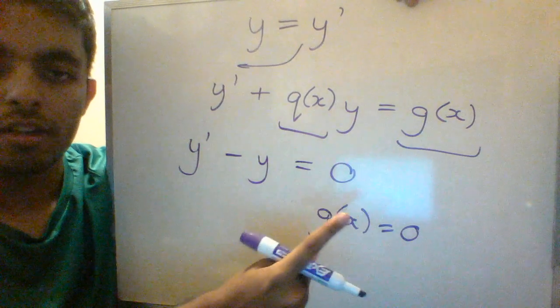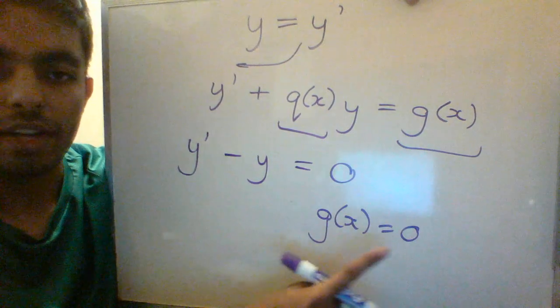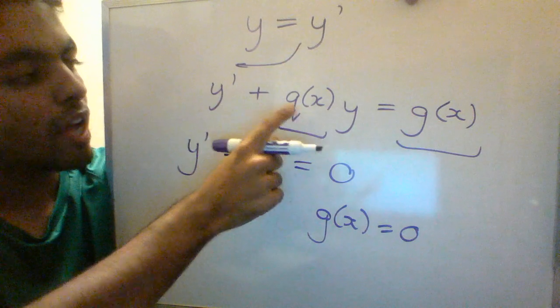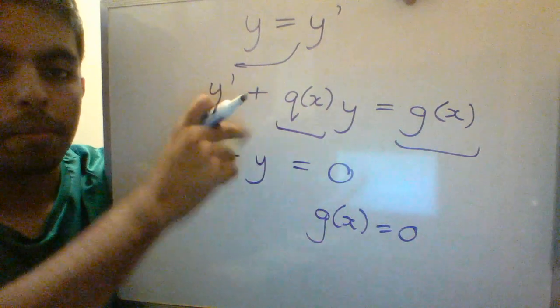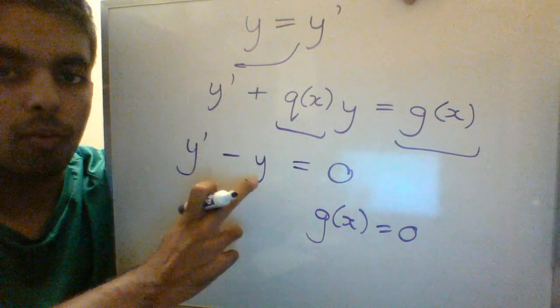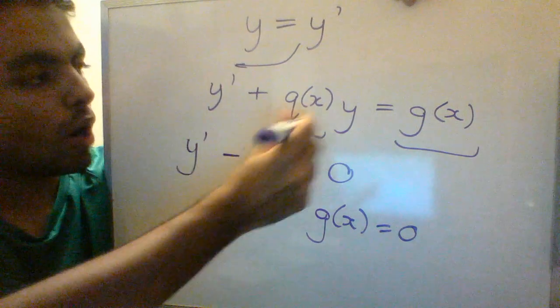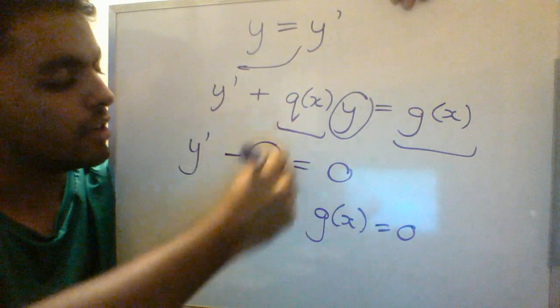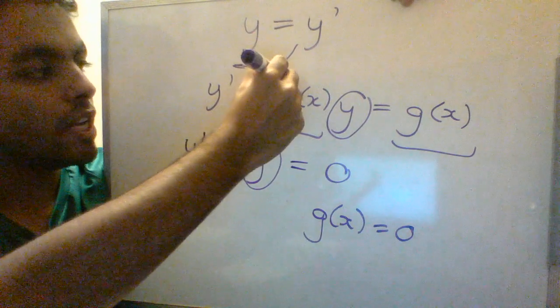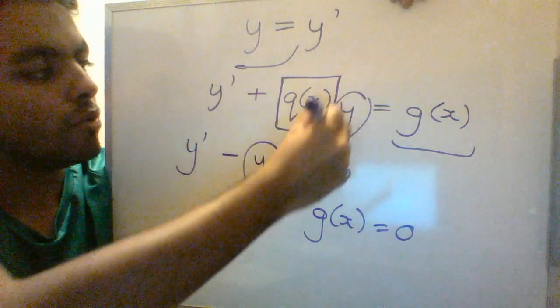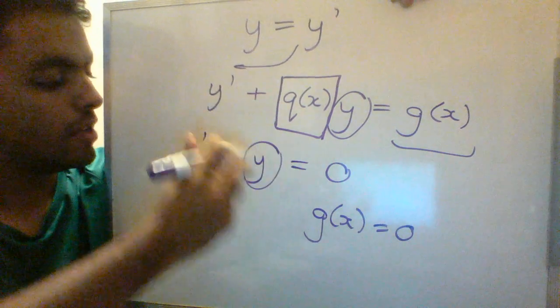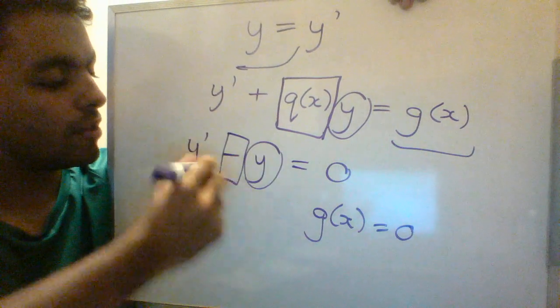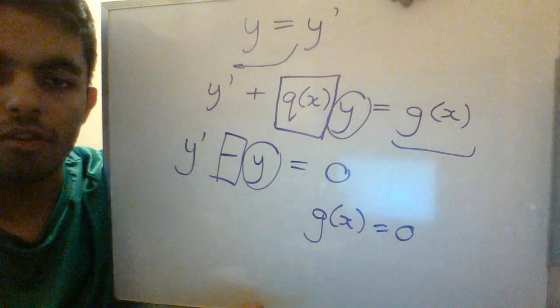g of x there is 0, and here we have positive q of x times y, and here we have negative y. So if the y here and here is the same, what's changed is this q of x right here, this plus q of x that we're seeing, has to be contained within just this negative sign right down here.